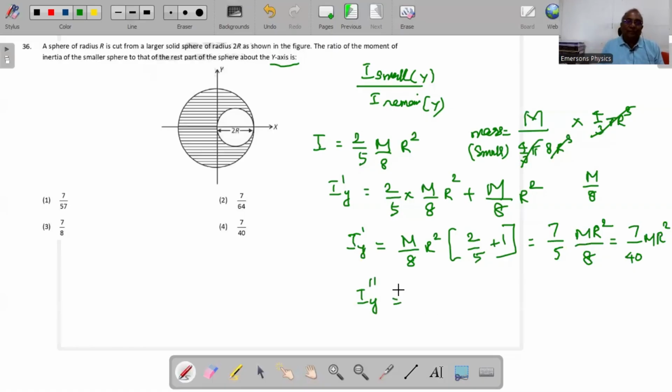First we will find the moment of inertia of the whole sphere, which is 2/5 m r². This 2/5 m r² is the moment of inertia of the whole sphere, and we should remove one part from it. Which part should be removed?